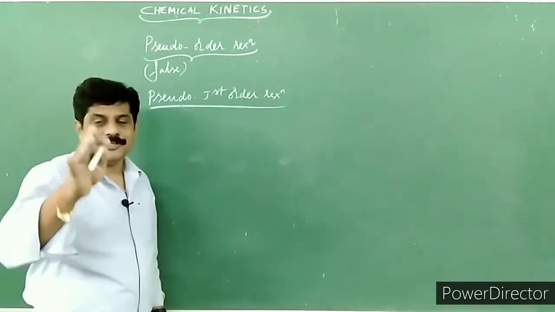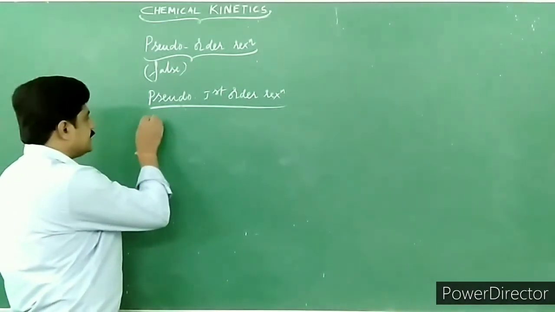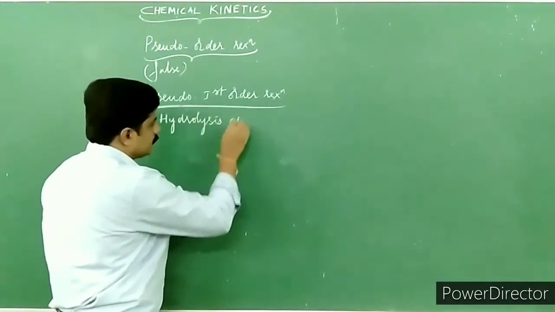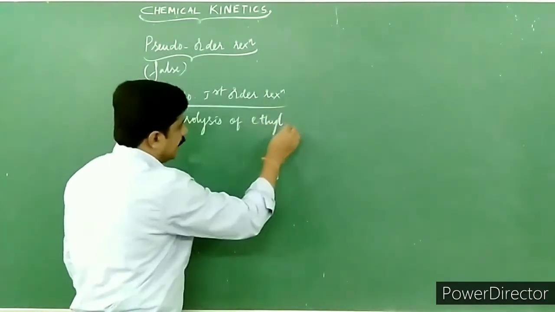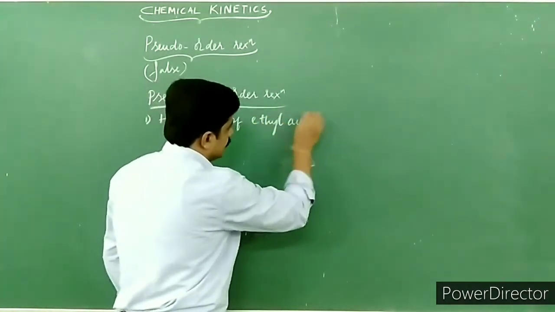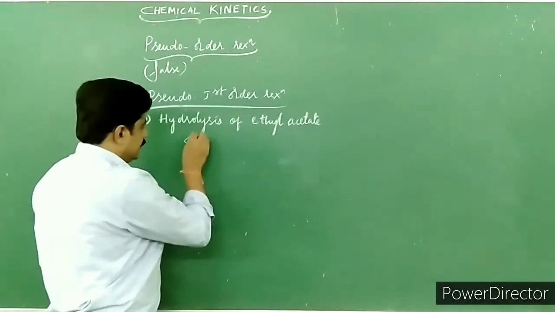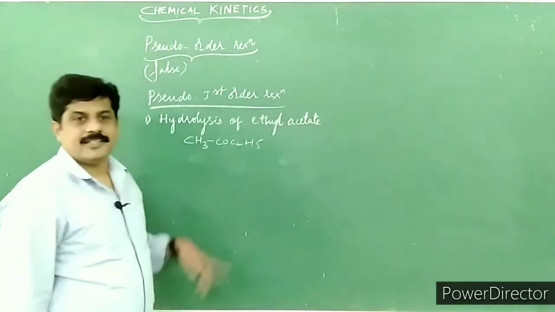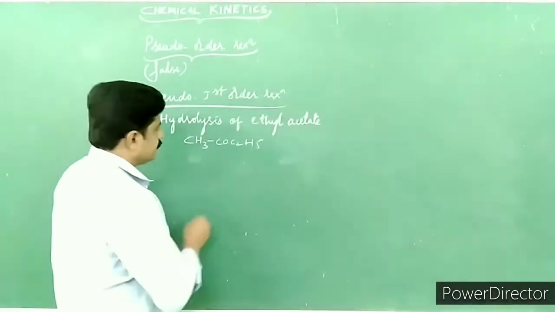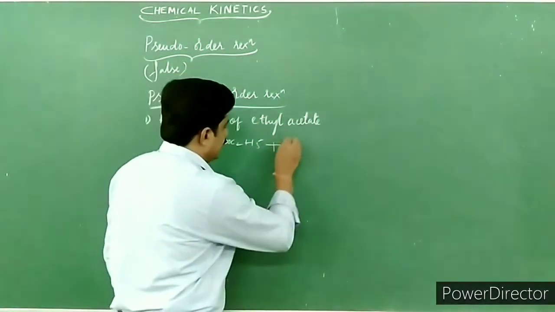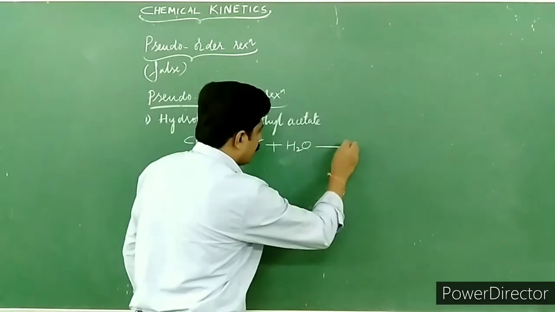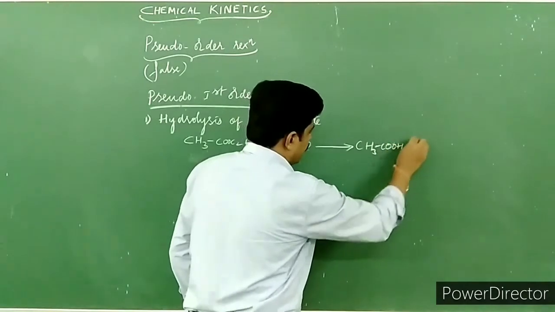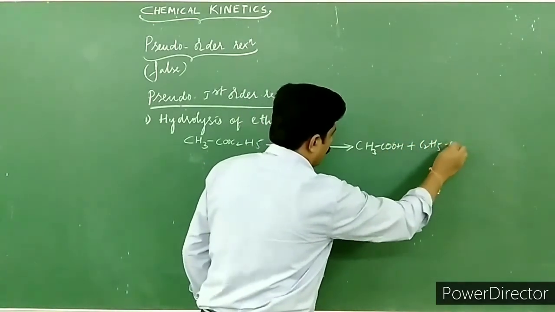Children, let me quote an example, you will understand that. The example is hydrolysis of ethyl acetate. Now look at here, CH3COOC2H5. Children, this is ethyl acetate. When it is hydrolyzed by using water, you are going to get CH3COOH plus C2H5OH.